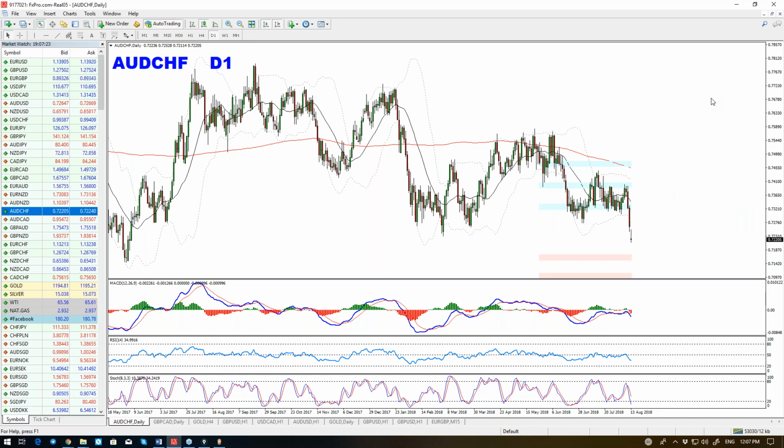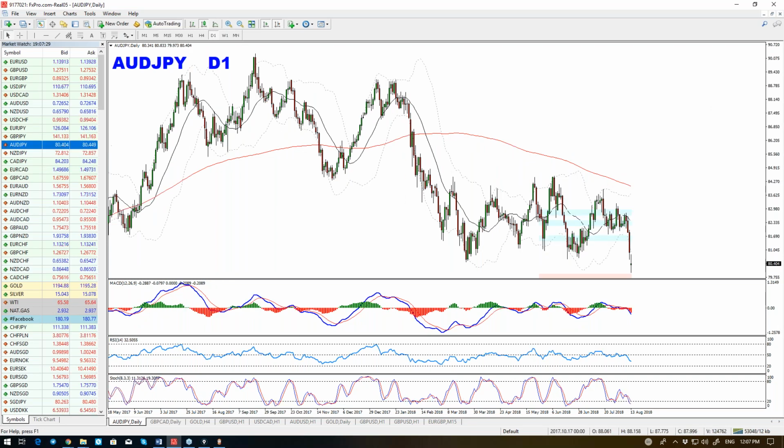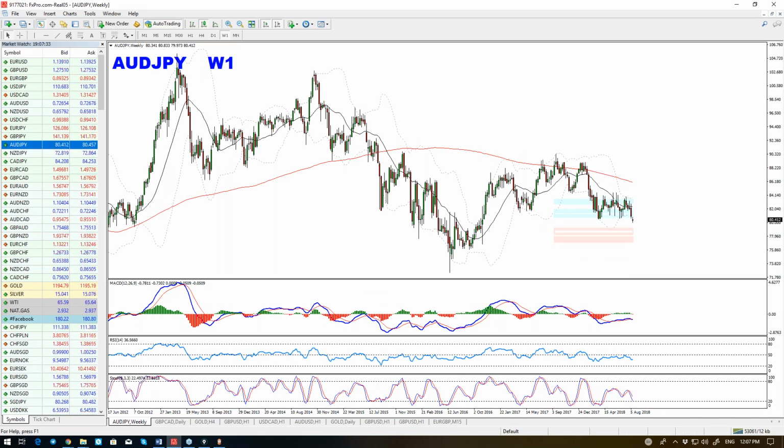Okay, and the last one on the Aussies is the Aussie versus the yen, which was a sell for us due to the triple double principle and the range principle, right? We got the breakout, we got the convergence, we got a movement, so we were after sells. Daily starts to show possible divergence developing.